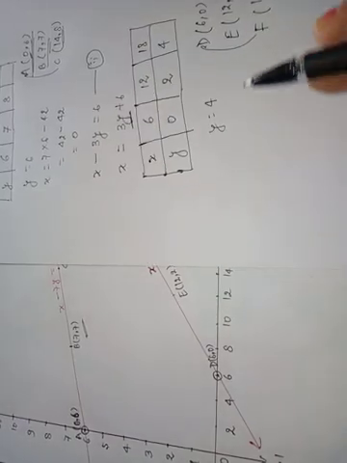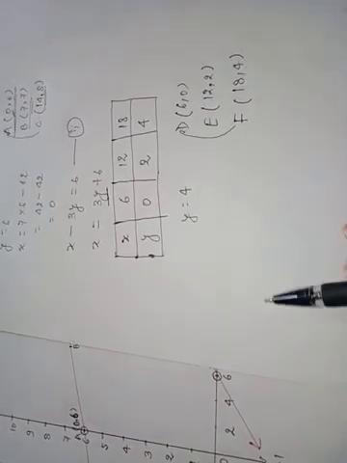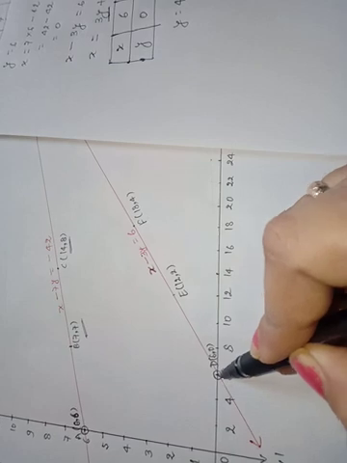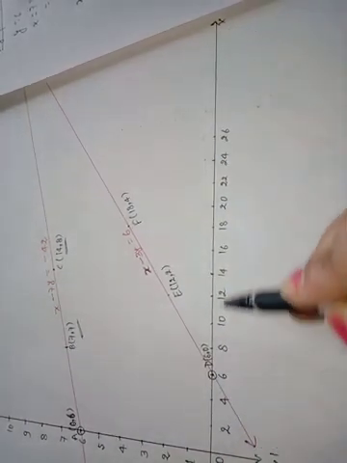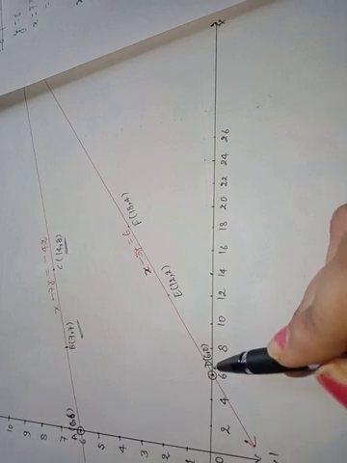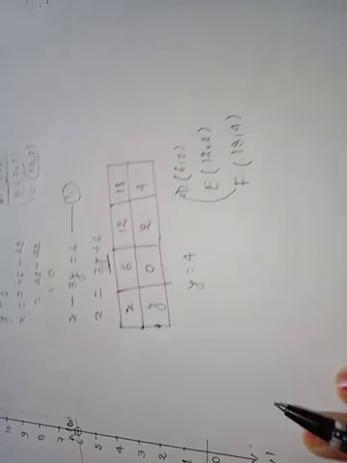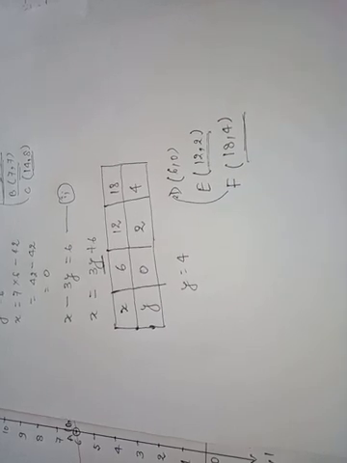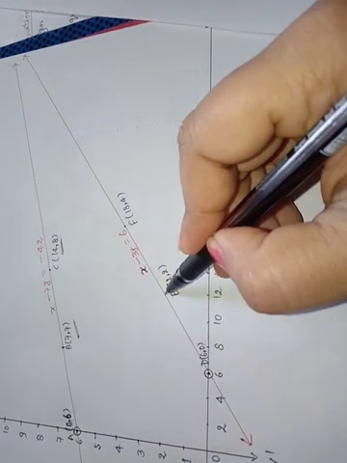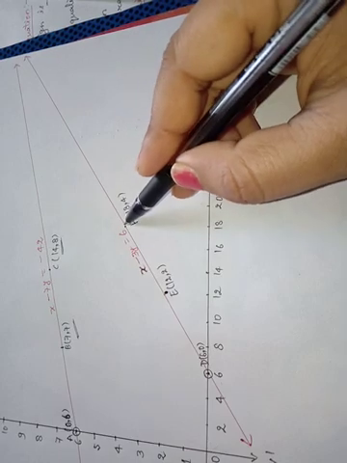For equation number 2, the first point is (6, 0), which we will get on the x-axis. The second point is (12, 2), and the third is (18, 4).